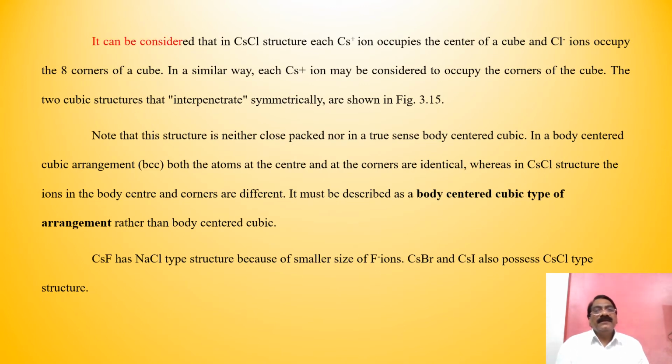It can be considered that in the CsCl structure, each Cs+ ion occupies the center of the cube and Cl- ions occupy the 8 corners of the cube.